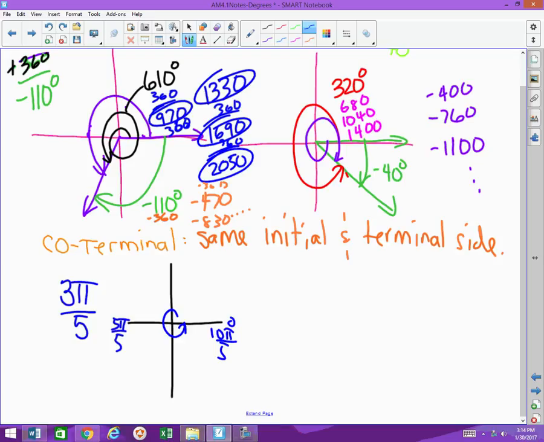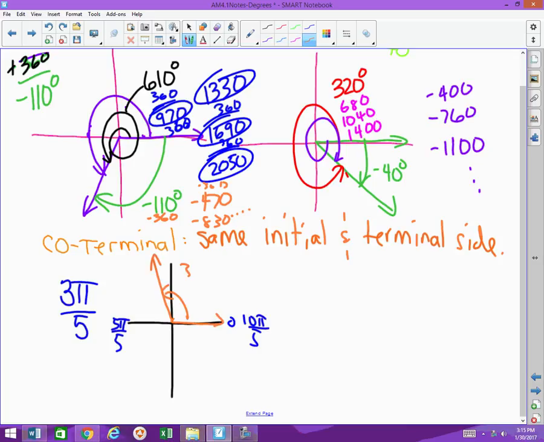But we only want to go 3 pi over 5. So 3 pi over 5 would be, let's see, this is 2.5, so 3 pi over 5 is right there.